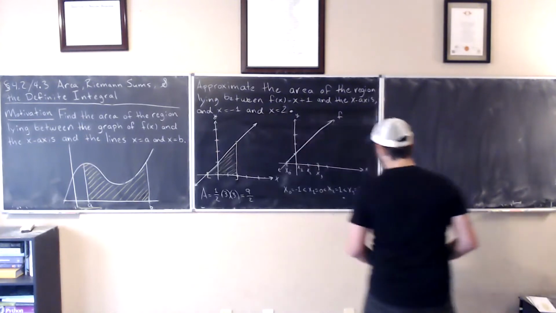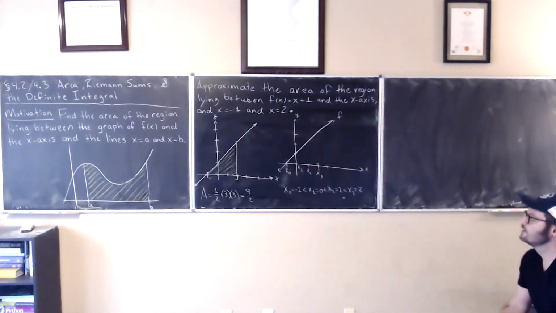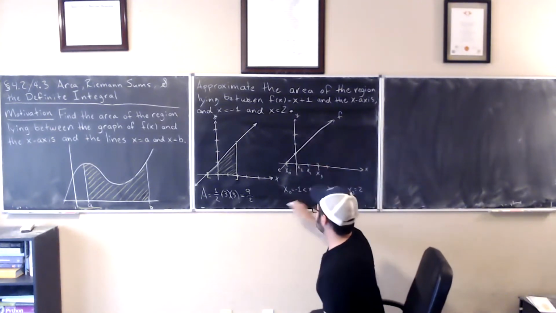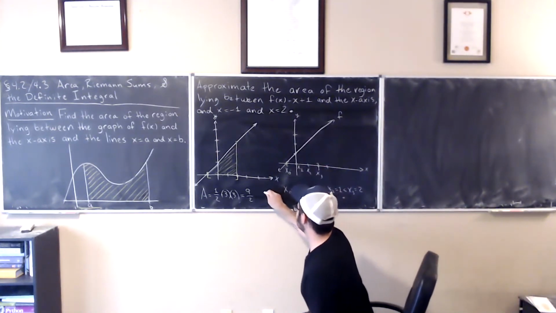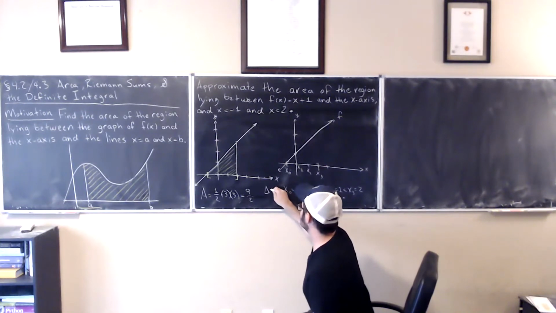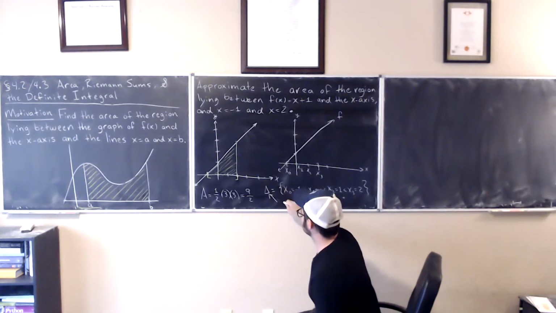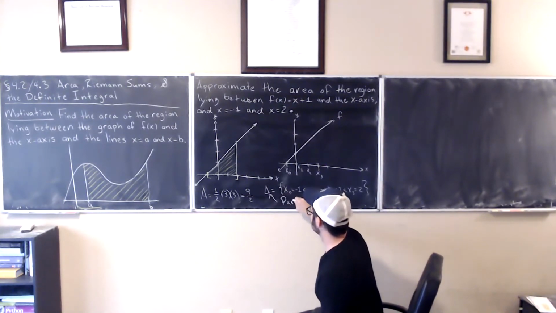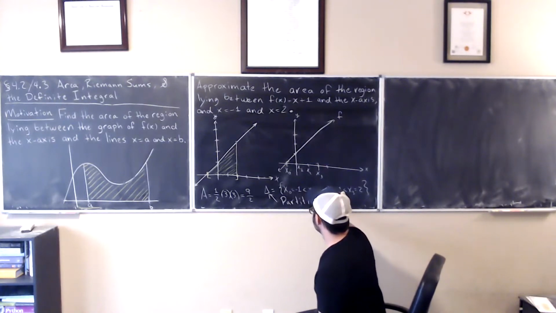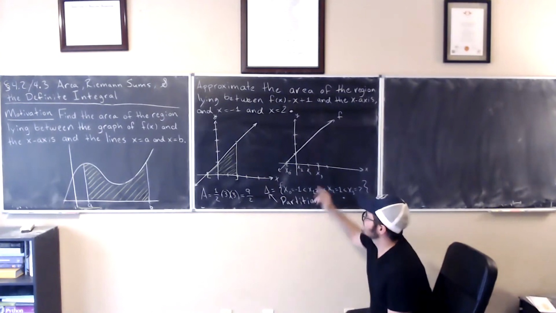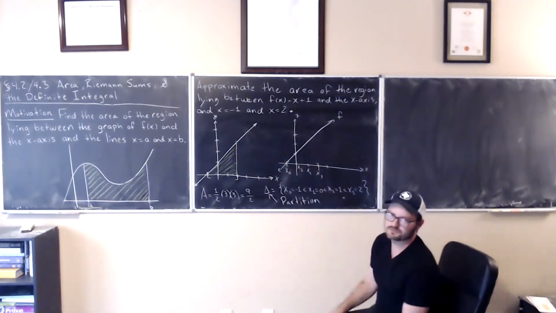So this is a partition of this interval here, and I'm going to denote it by this triangle symbol. So a partition is simply taking the interval in question and breaking it into its pieces.